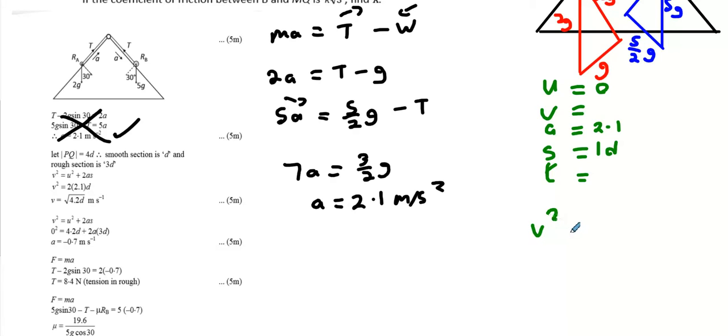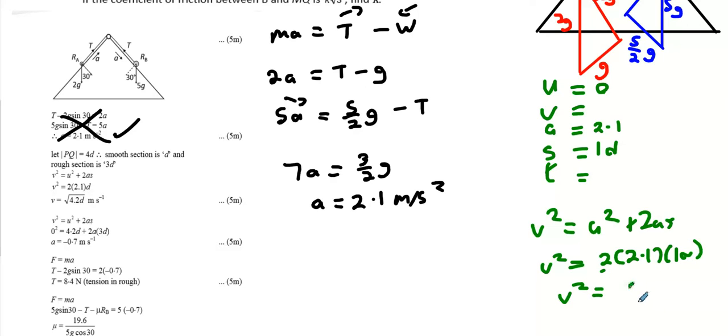V squared equals U squared plus 2AS. V squared equals 2 times 2.1 times 1d. V squared equals 4.2d. V equals the square root of 4.2d.